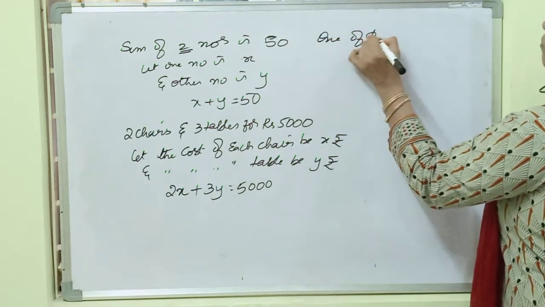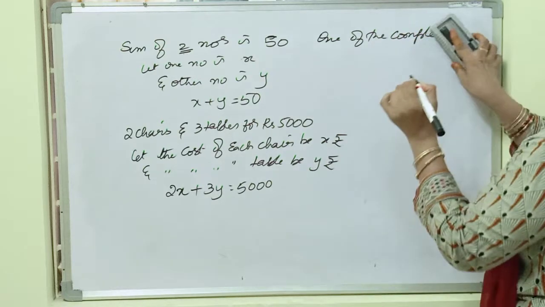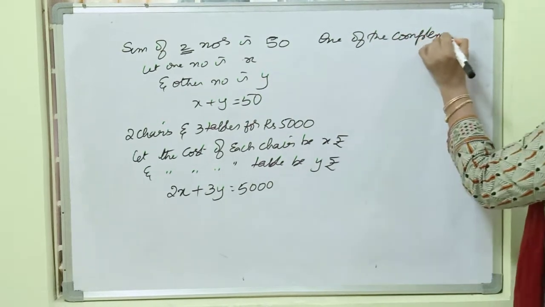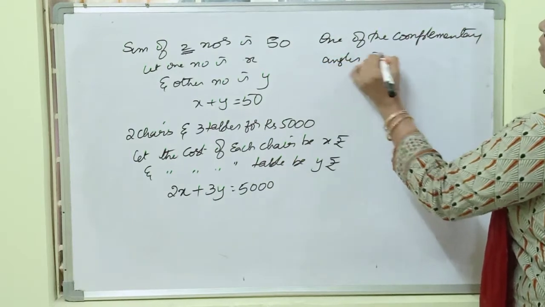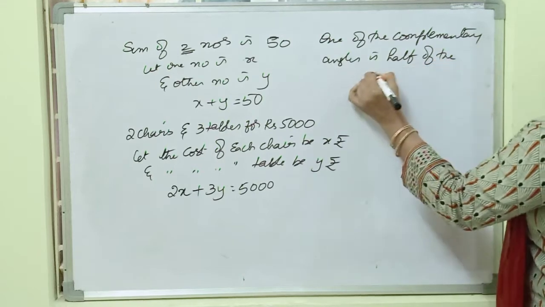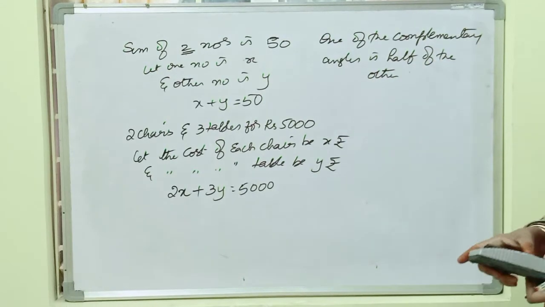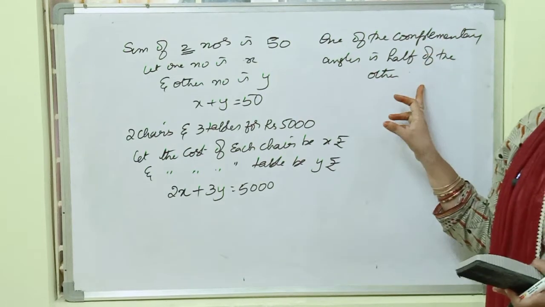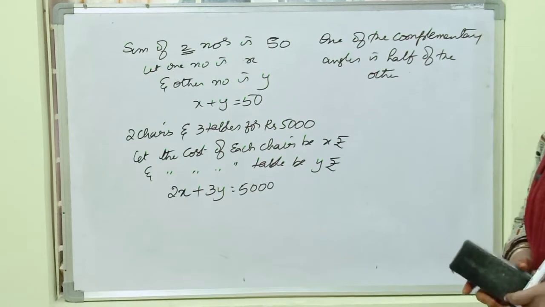Okay. Next, one more example is, one of the complementary angles is half of the other. Okay, so here in this example, how many statements do you think we can write? We can write two statements using this one statement.